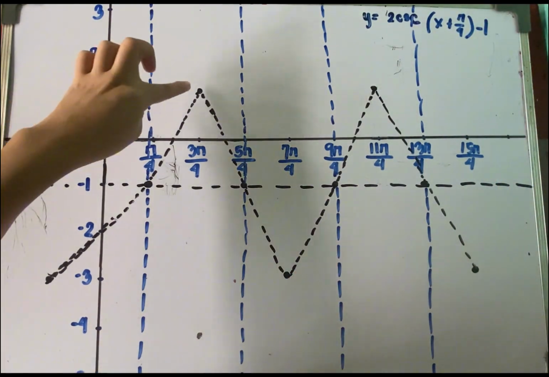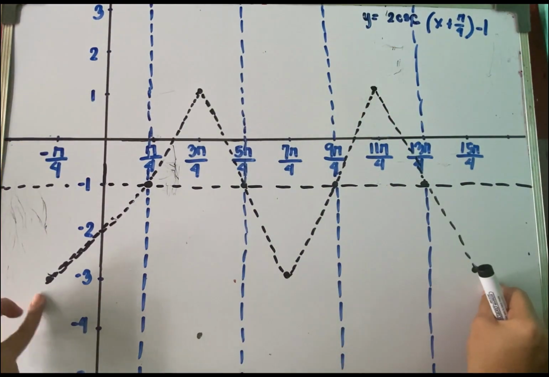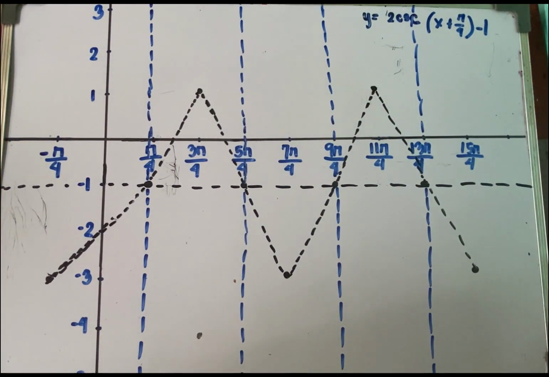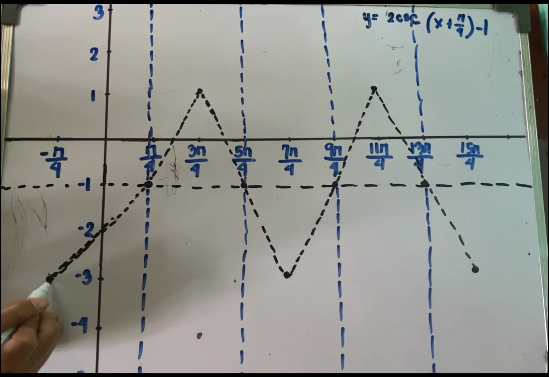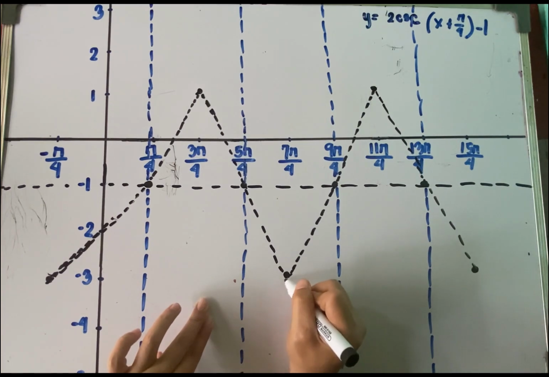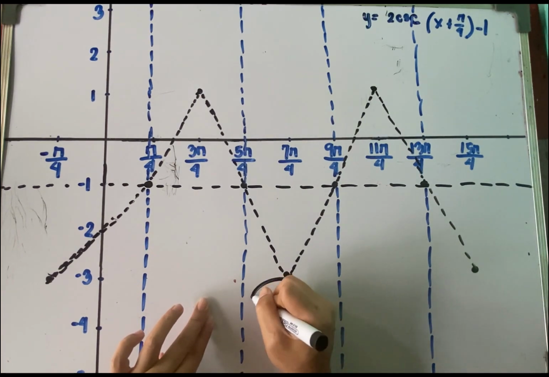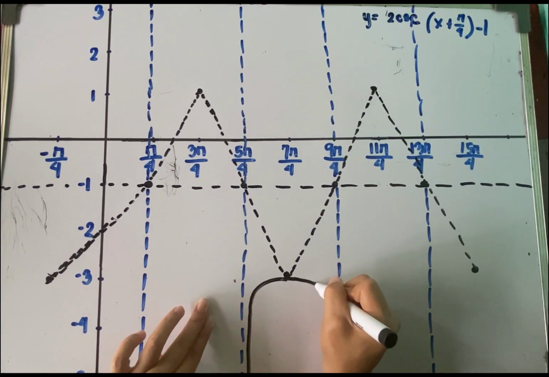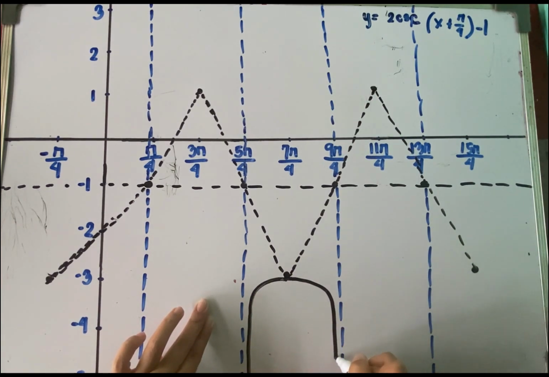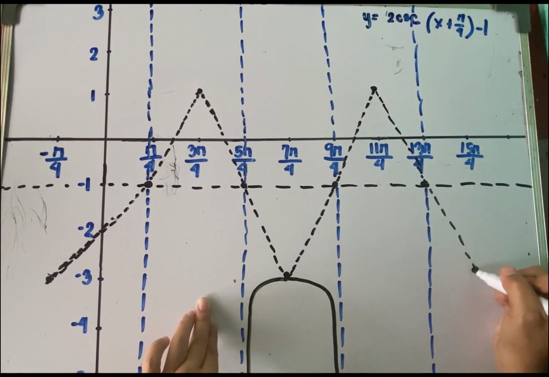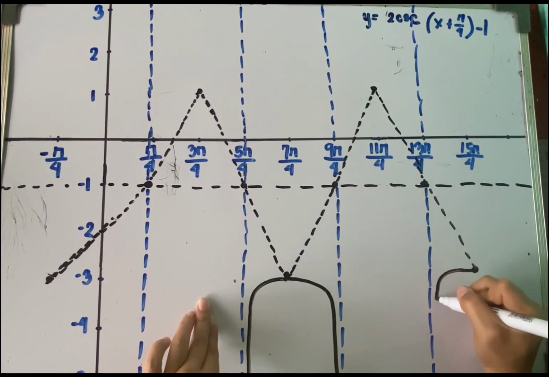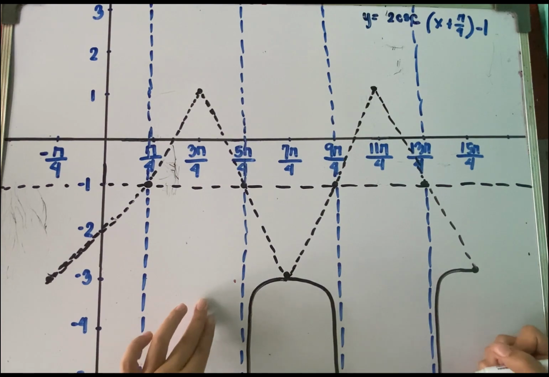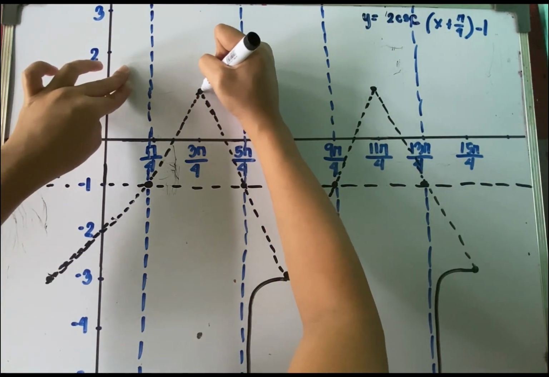And now let's do the U-shaped branches at every highest and lowest peak of our points on the graph. So we do the form of U. We have to graph it perfectly to form our U shape. It must be closer to our asymptote but not enough to touch them.